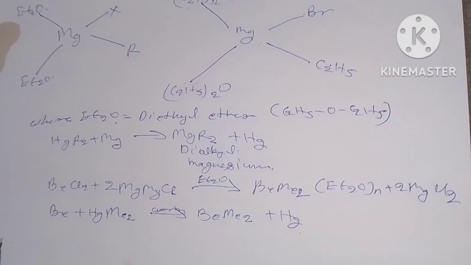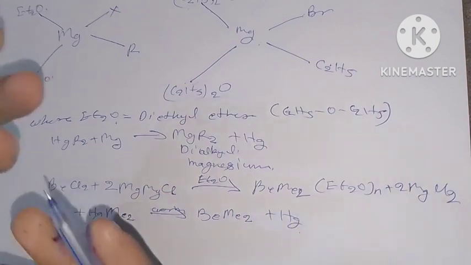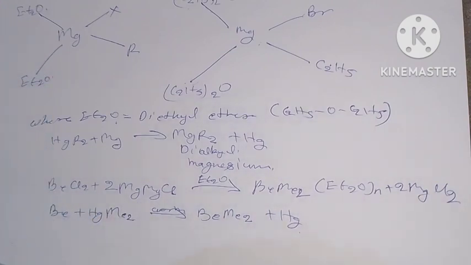Dialkyls or diaryls of magnesium, calcium, strontium, and barium can be prepared by a similar method. The calcium, strontium, and barium compounds are much more reactive than magnesium compounds.